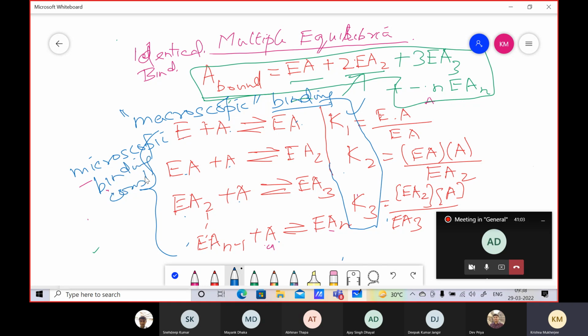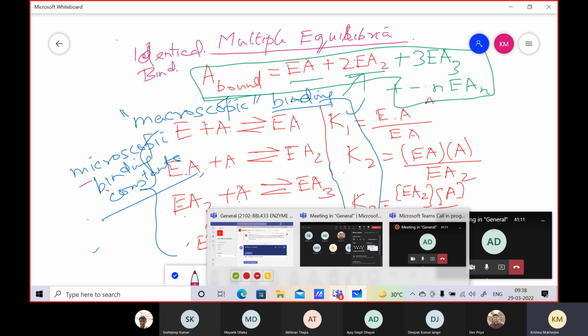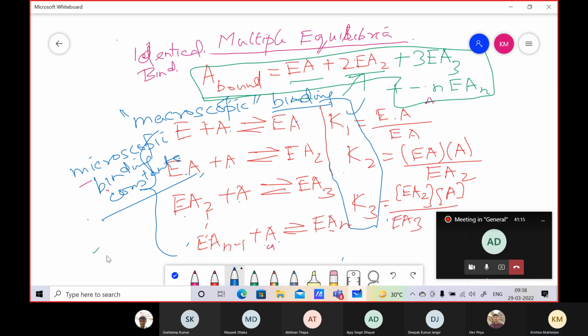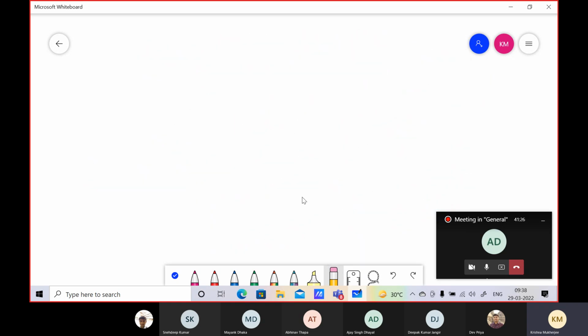And I hope a little bit of tedious algebra should not bother you too much. So these are the macroscopic binding constants, and we now want to look at the microscopic binding constants. We want to look at the derivation of the general binding equation in terms of this. Let us start this quickly, because I want to wrap this up.